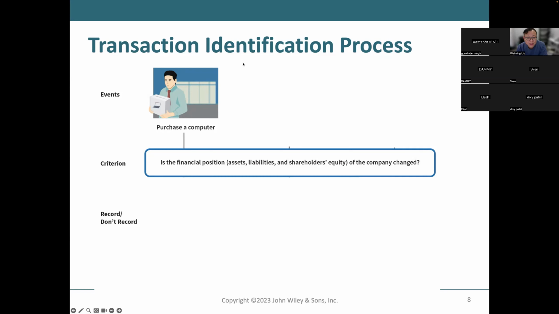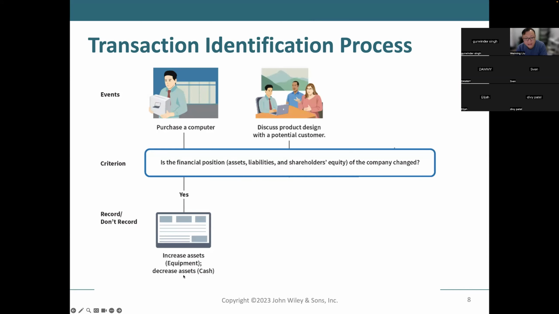I know Meet said yes. Why? Because your asset, equipment, increases. The company now has a computer, so computer equipment increases. Well, you pay the cash, so your cash asset decreases. One asset increases, the other asset decreases. You have more equipment and less cash, so it does affect the financial position.